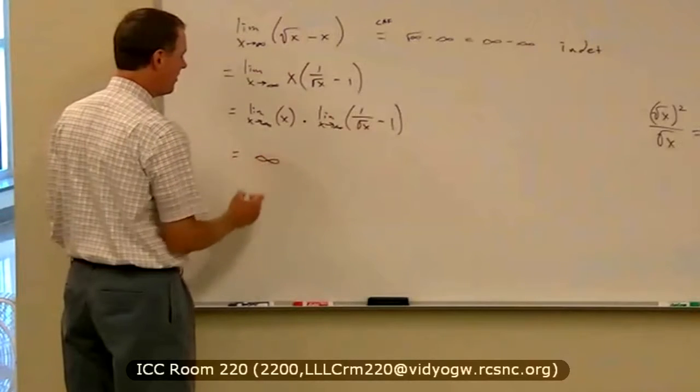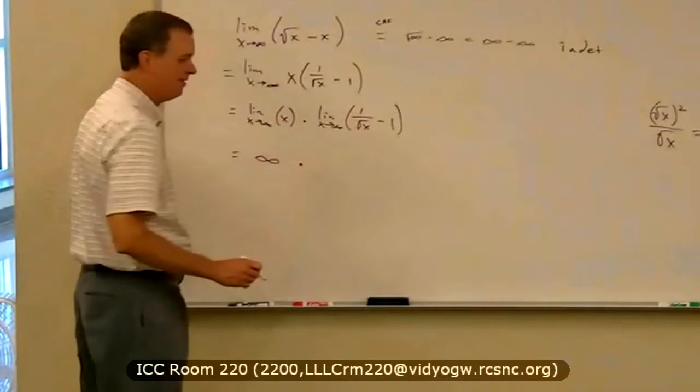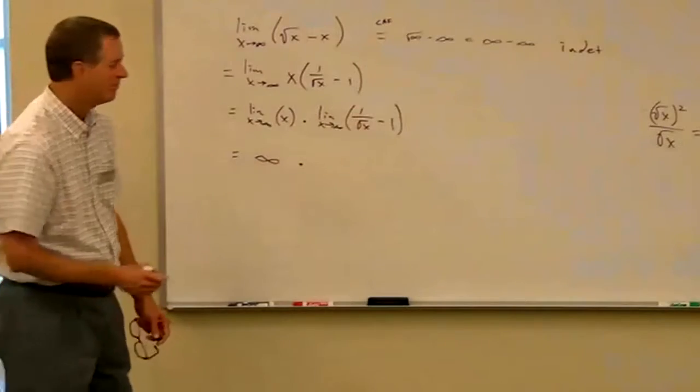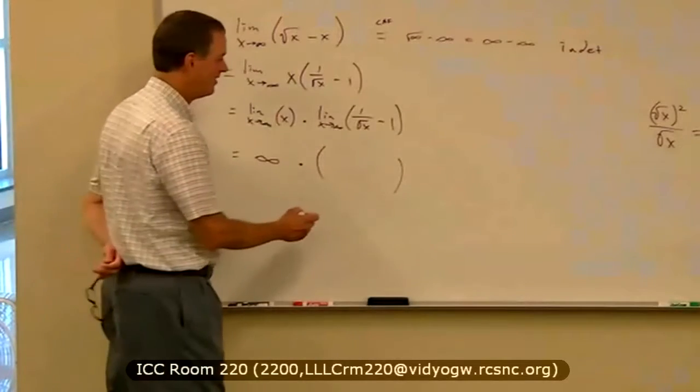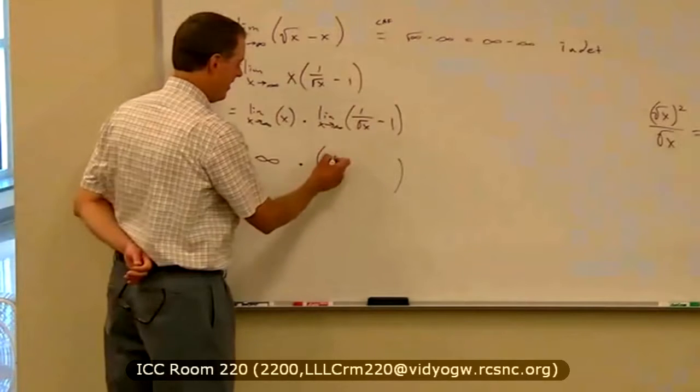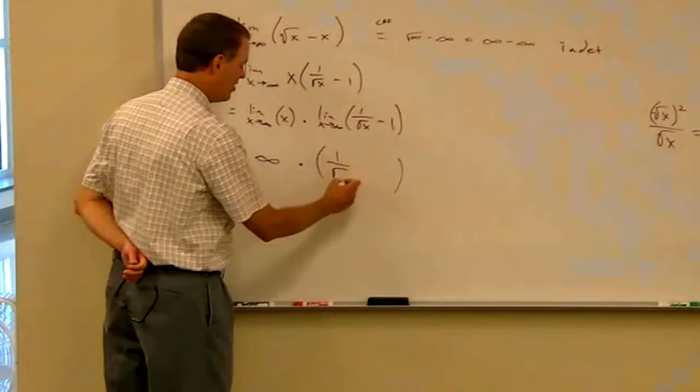So I get an infinity there, times, over here, basically 0 minus 1. I'll show all the work, but yes, Jacob, you're right.